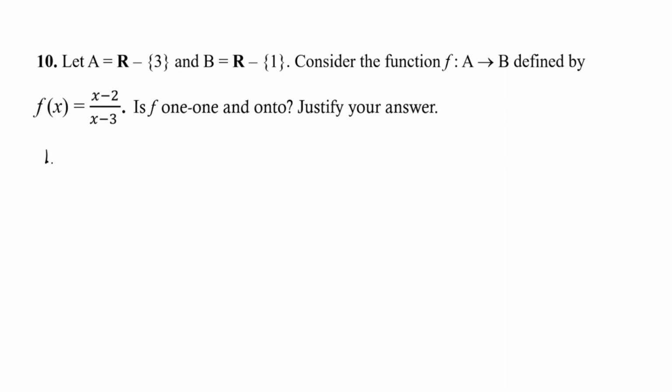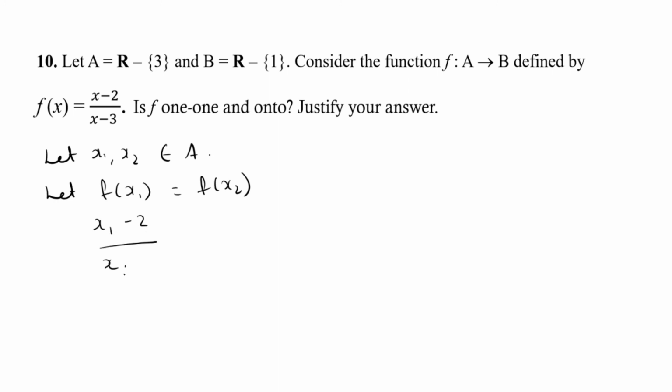Now let us take x1, x2 belongs to A, and let f(x1) equal to f(x2). So if f(x1) equal to f(x2) means (x1-2)/(x1-3) equal to (x2-2)/(x2-3). Now let us cross multiply.